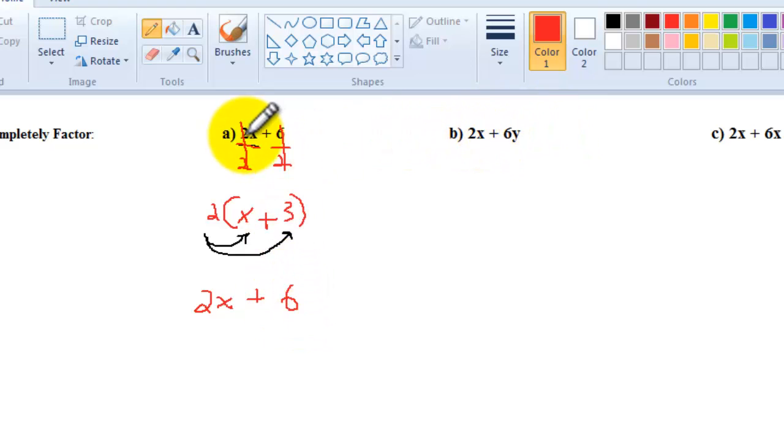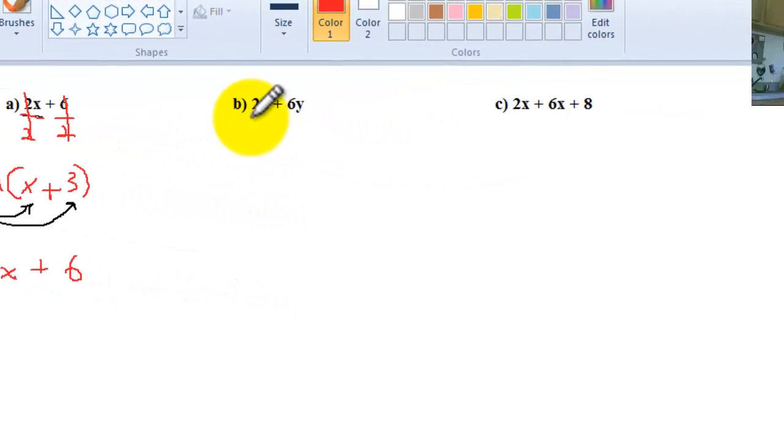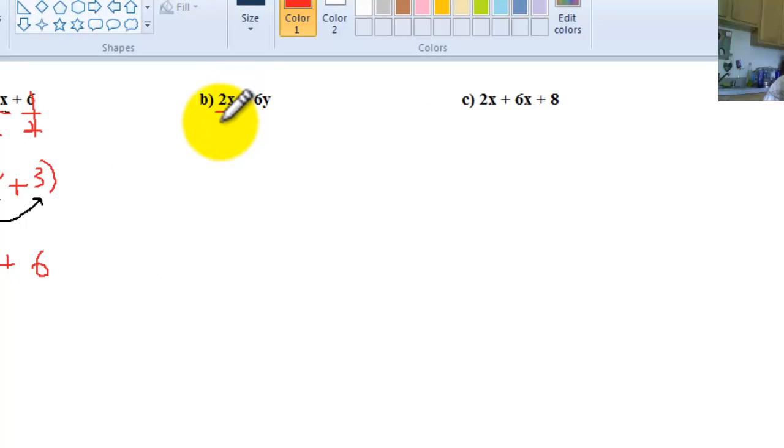On this problem here, I didn't do anything but just add another variable. It's a y, so we can't really do anything different. We're still factoring out a 2. So I wanted you to know the difference. If you have 2 different variables, there's nothing you can do but leave them there.